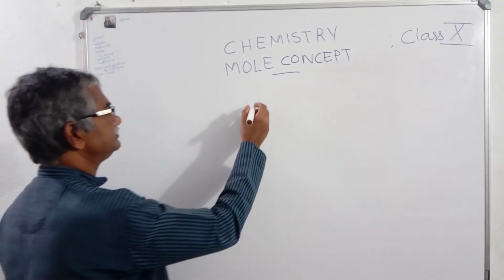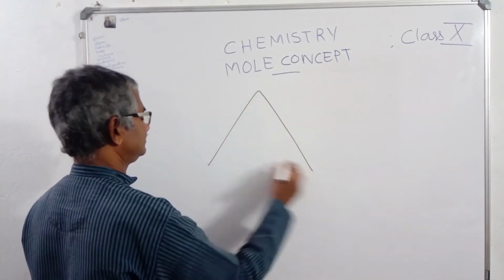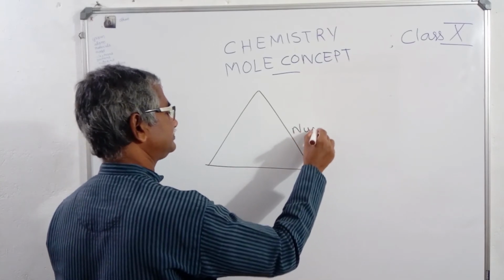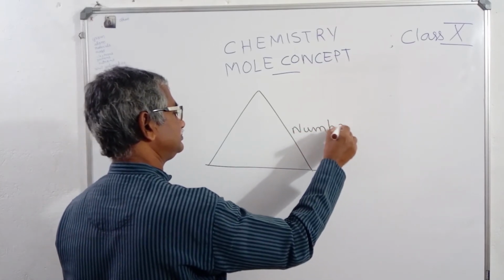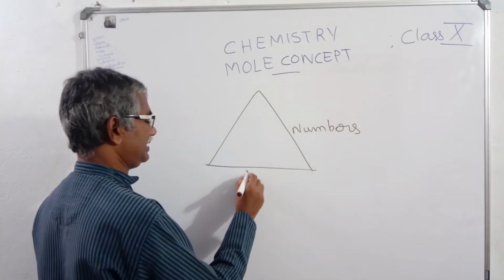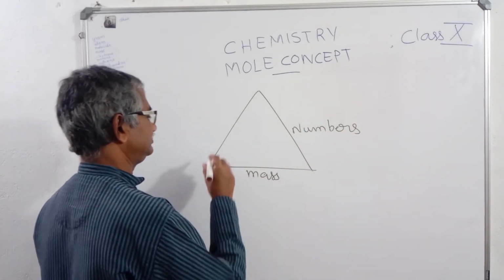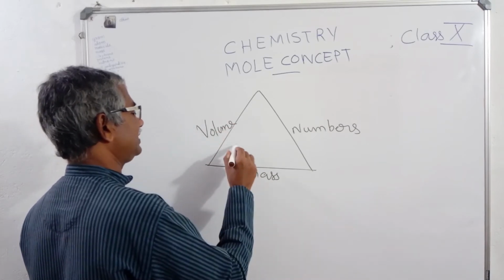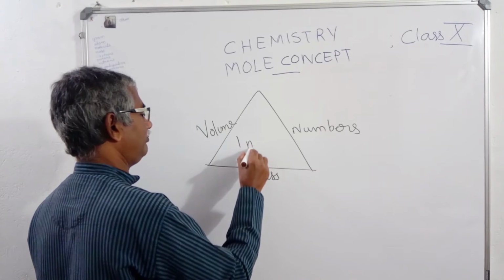Simply saying, number, counting numbers, then mass, then volume. In between we can write 1 mole.